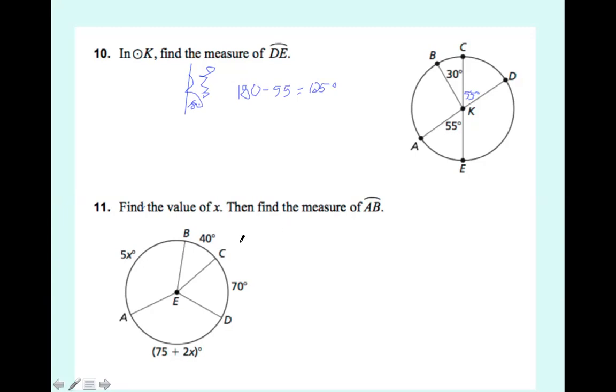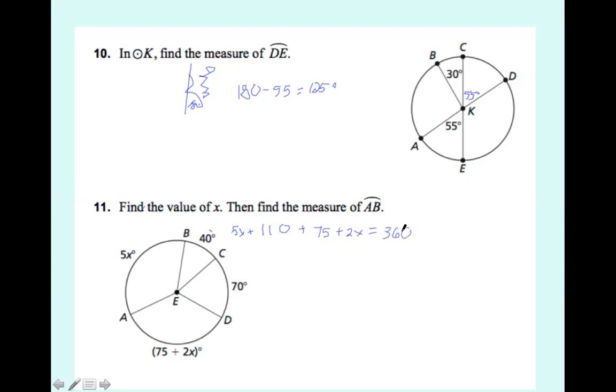So I can set this up as 5X plus, and then I've got 40 plus 70, that's 110, plus, then down at the bottom I have 75 plus 2X, and altogether, all of these arcs must add up to 360 because there's 360 degrees in a complete circle.